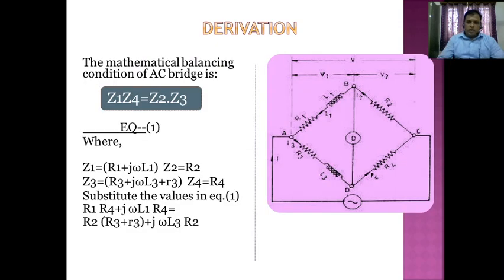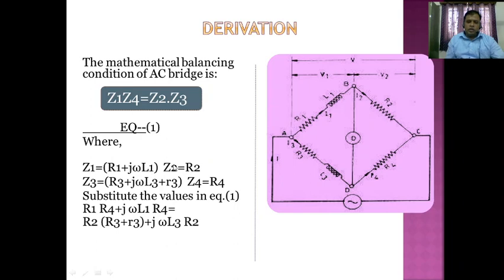The mathematical balancing condition for any AC bridge is Z1 Z4 equals Z2 Z3, as we have already seen, and we note it as equation number 1. Now Z1 is equal to R1 plus j omega L1, as we write this R and L combination, and this is the impedance.